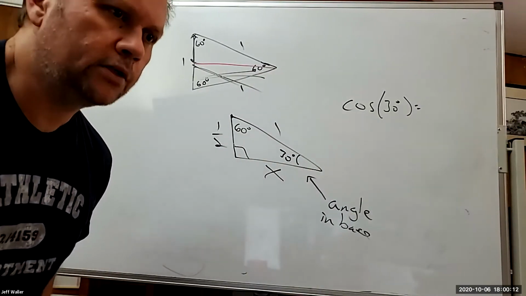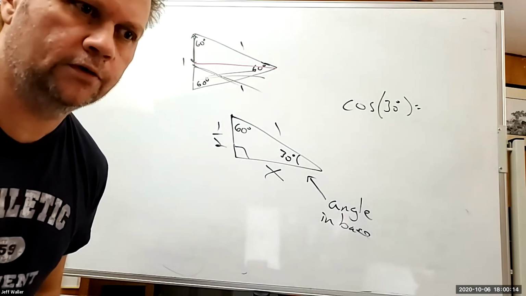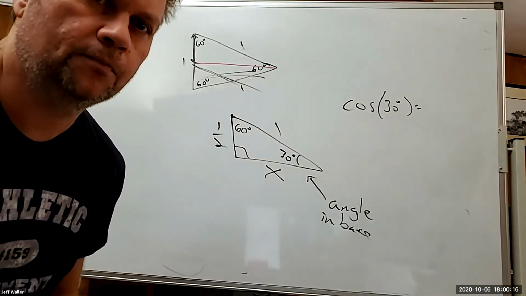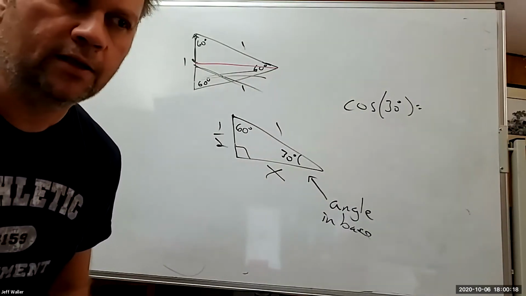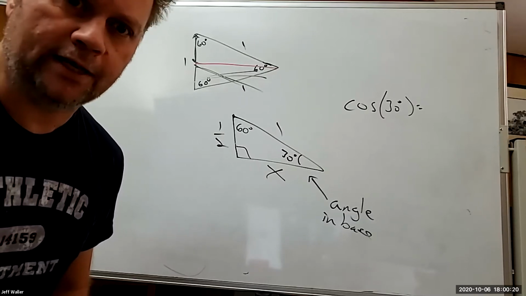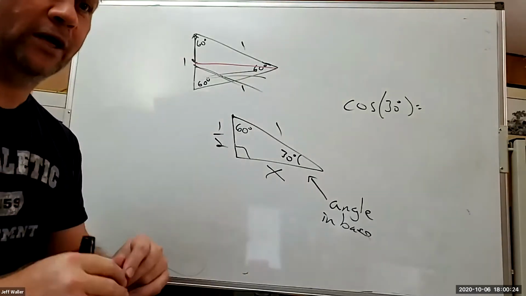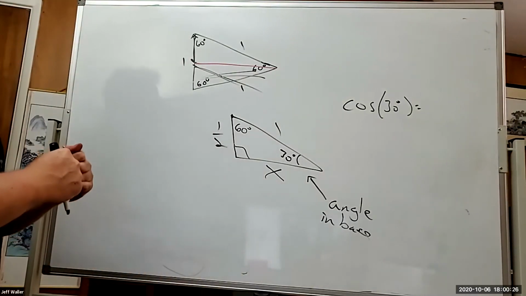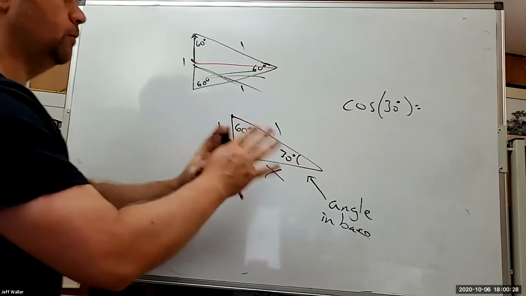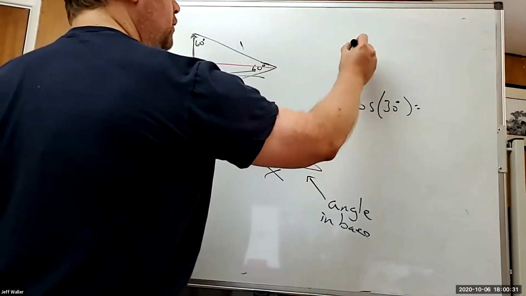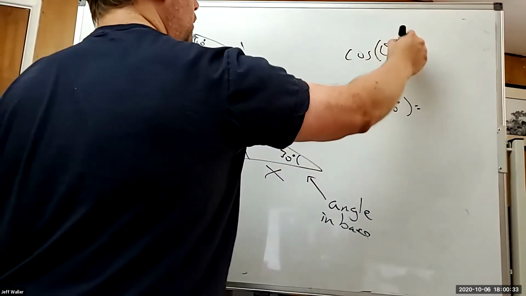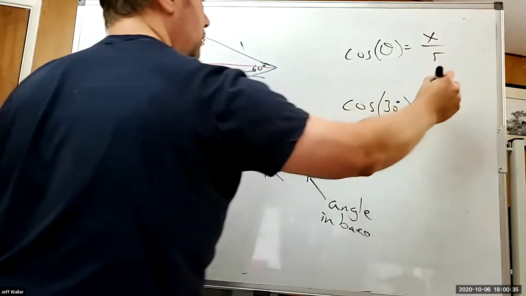That is a much more useful way to look at those for the long run. People that know Sohcahtoa really well kind of die in my calculus classes because they're not looking at it in the most useful way. So in general, cosine of an angle tells me X to R.